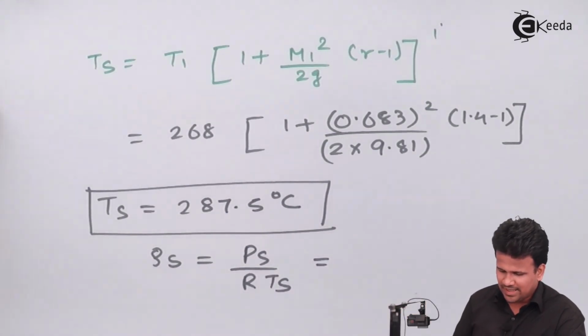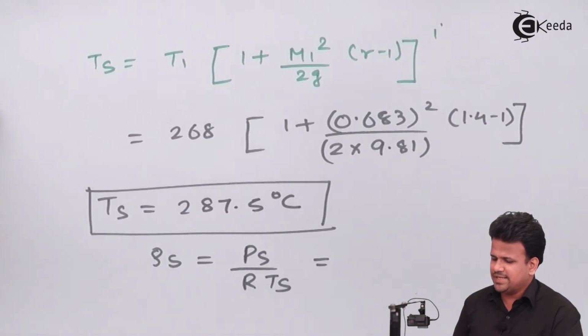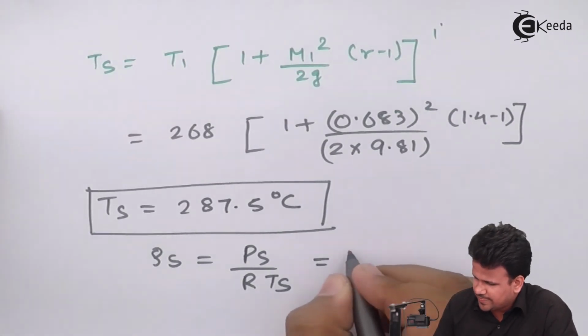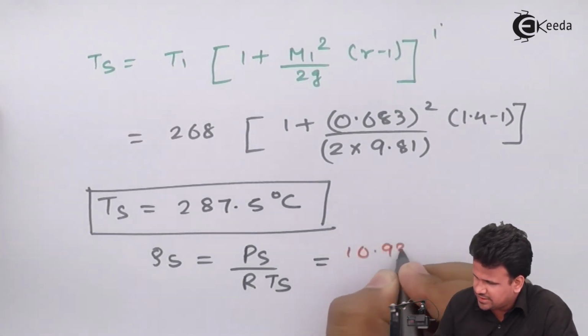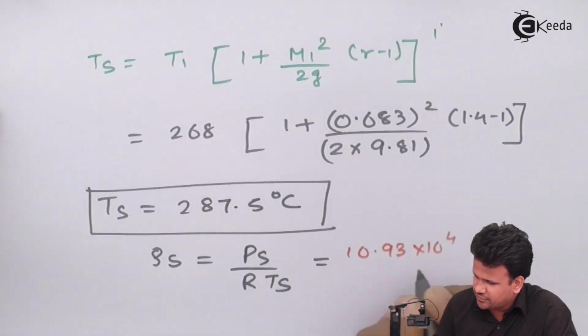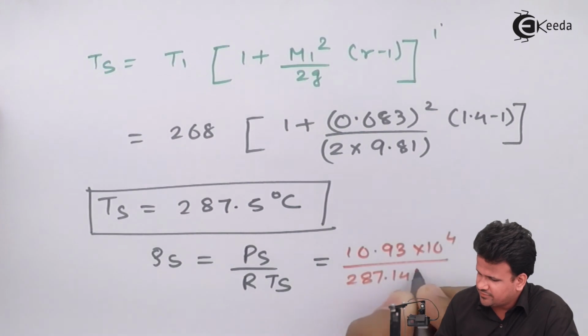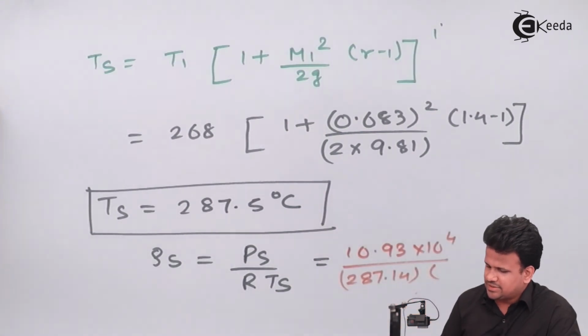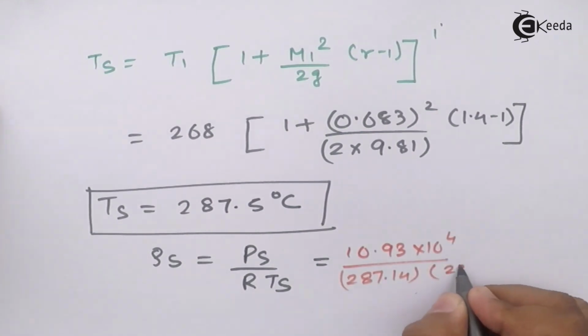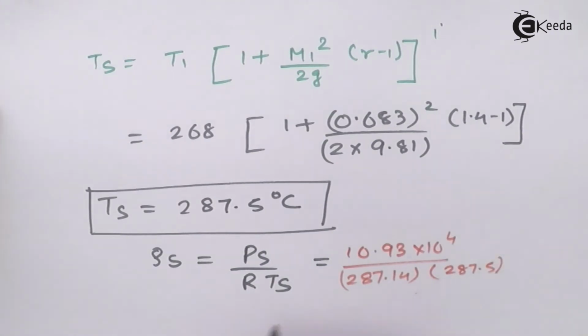So we already have the value of Ps as 10.93 into 10 to power 4 upon 287.14 into the stagnation temperature 287.5. So on calculation of this, the stagnation density comes out to be 1.32 kg per meter cube.